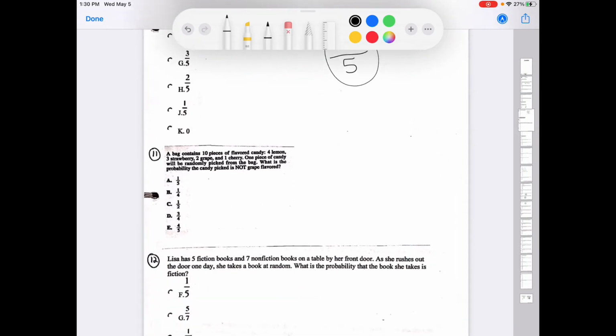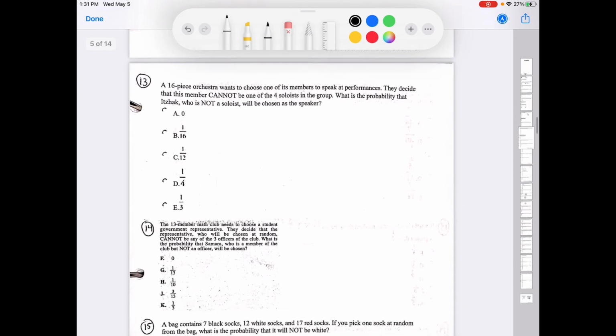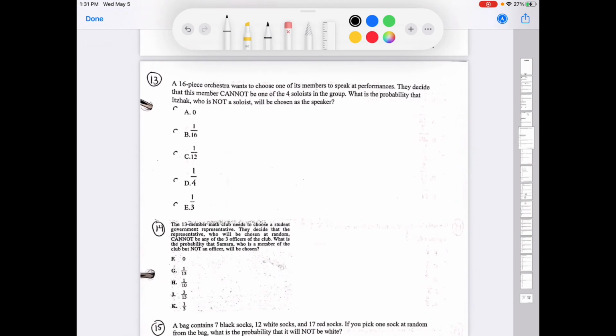Okay, let's skip on down to number 13. 13, a 16-piece orchestra wants to choose one of its members to speak at performances. They decide that this member cannot be one of the 4 soloists in the group. So what is the probability that Itzhak, who is not a soloist, will be chosen as the speaker?